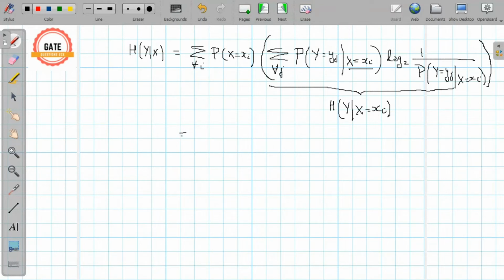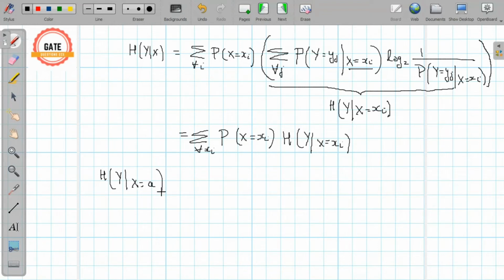So we can write this will be equal to summation over all xi, probability X is equal to small xi times entropy of Y given X is equal to xi. So in our given problem, let's calculate this entropy for each input. First, X is equal to first input is A.